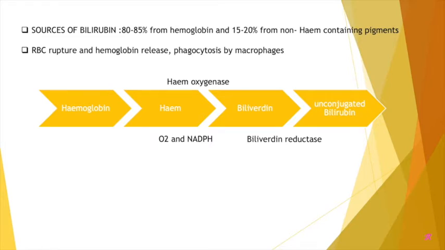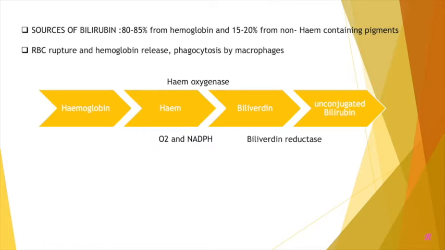In this first stage, we have to learn about two enzymes which help in the production of bilirubin. For the conversion of heme to biliverdin, it is heme oxygenase that comes into action. Heme oxygenase is the enzyme needed for the conversion of heme into biliverdin.